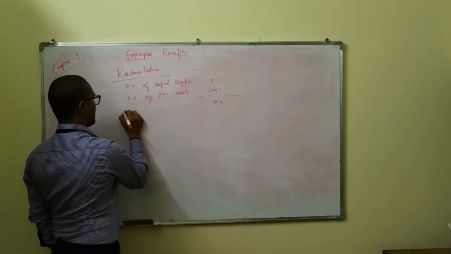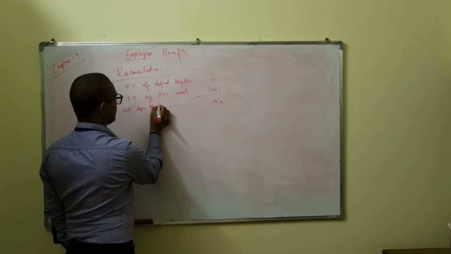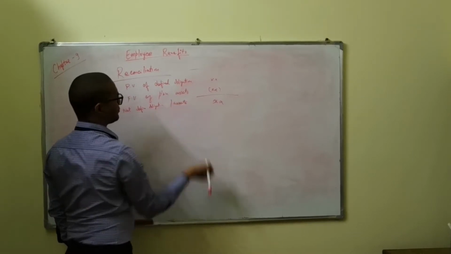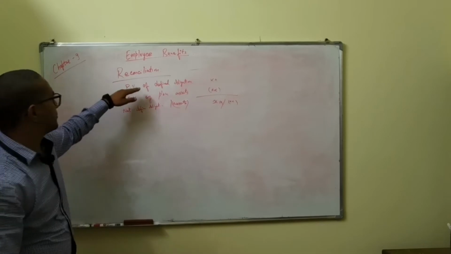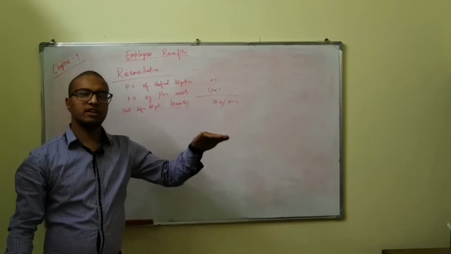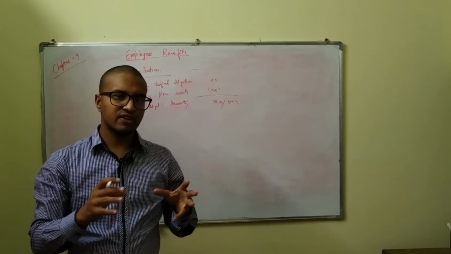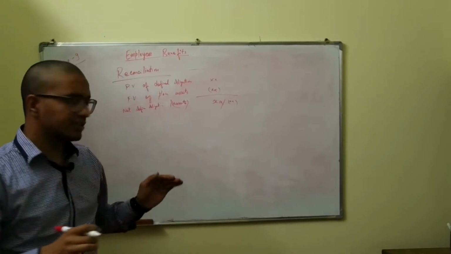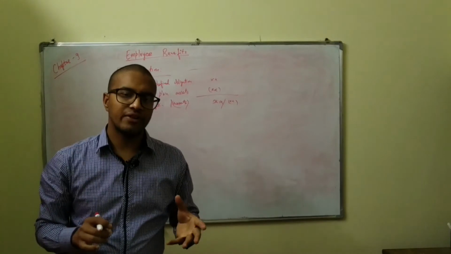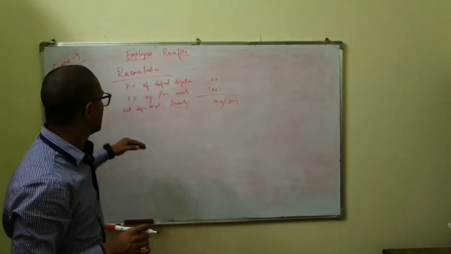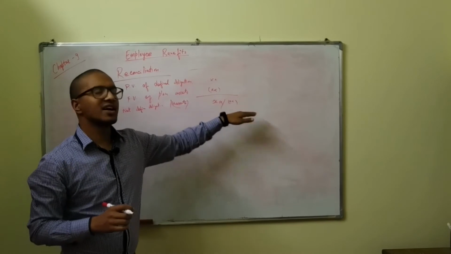The difference is net obligation or assets. So it's present value of defined obligation minus fair value of plan assets. If the present value of defined obligation is greater than the fair value of plan assets, it's a deficit. So deficit is net defined obligation. Whereas if the present value of defined obligation is smaller than fair value of plan assets, then it's a surplus. Since we are deducting assets from liabilities, we'll have a negative here.